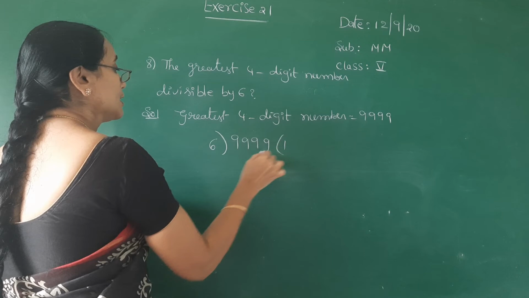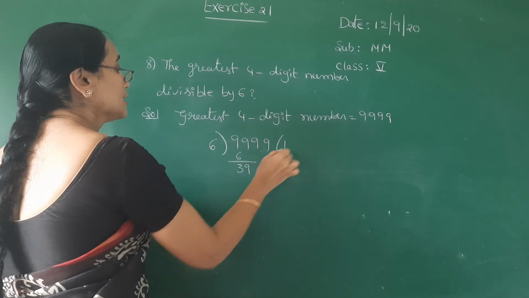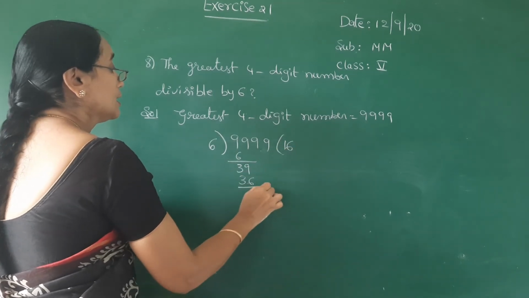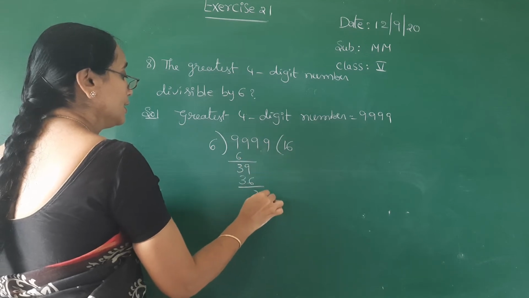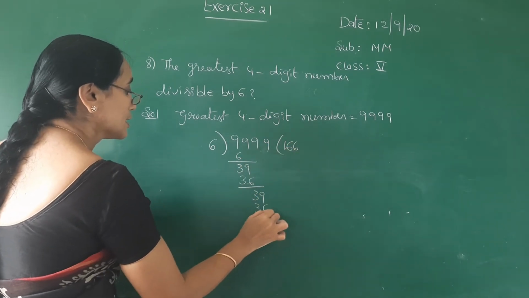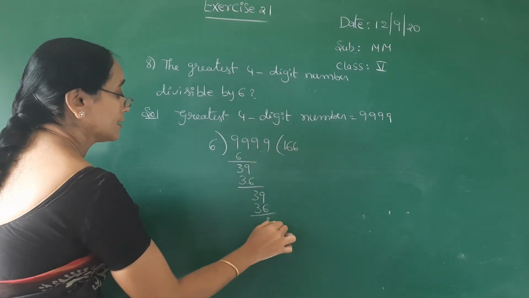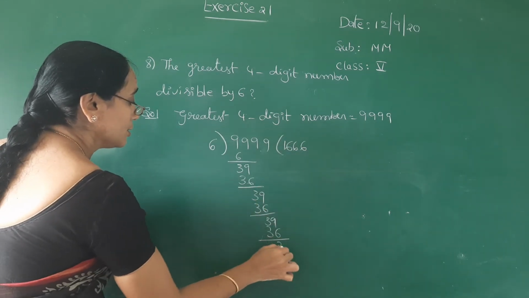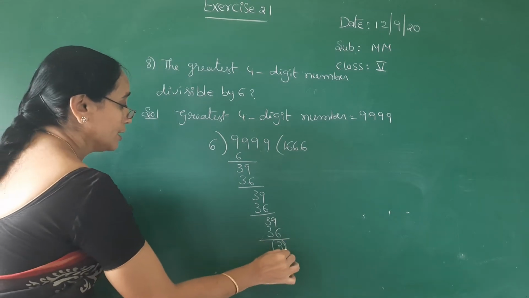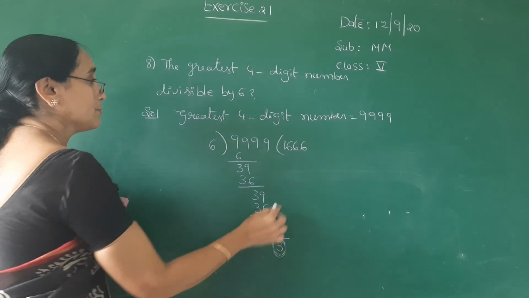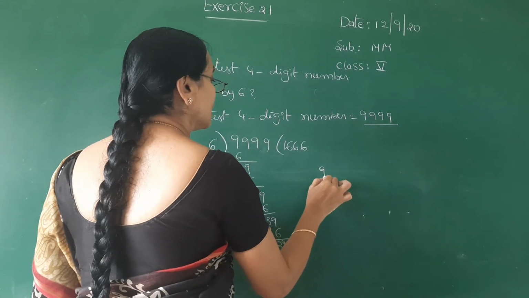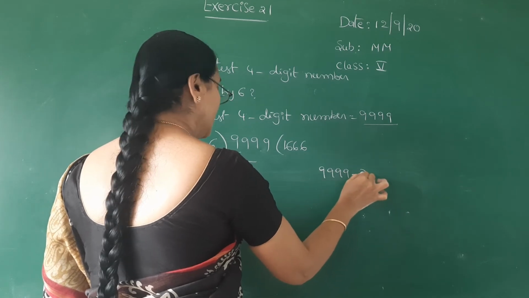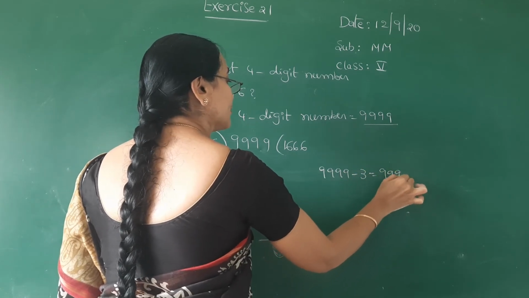6 ones are 6, 39, 6 6s are 36. Again drop another 9, 6 6s are 36. Again drop this 9. 6 6s are 36. See here, you get remainder 3. You have to subtract this remainder from this number to get the greatest number that is divisible by 6.